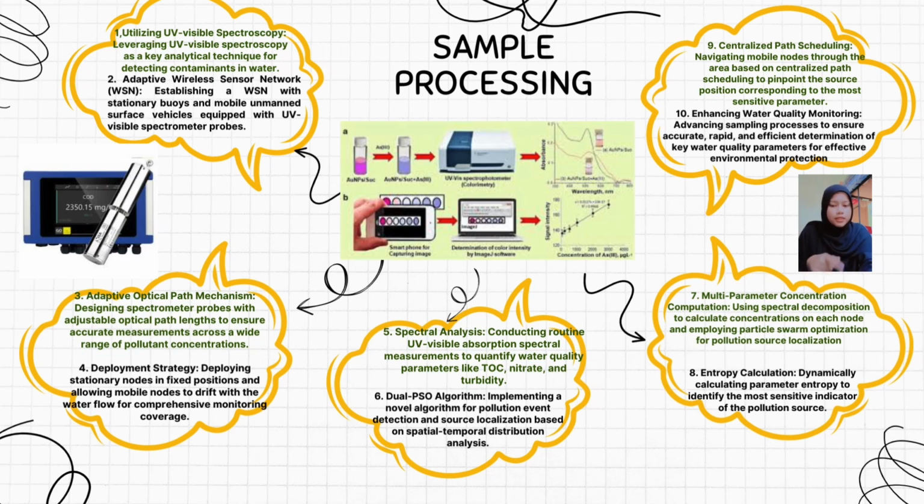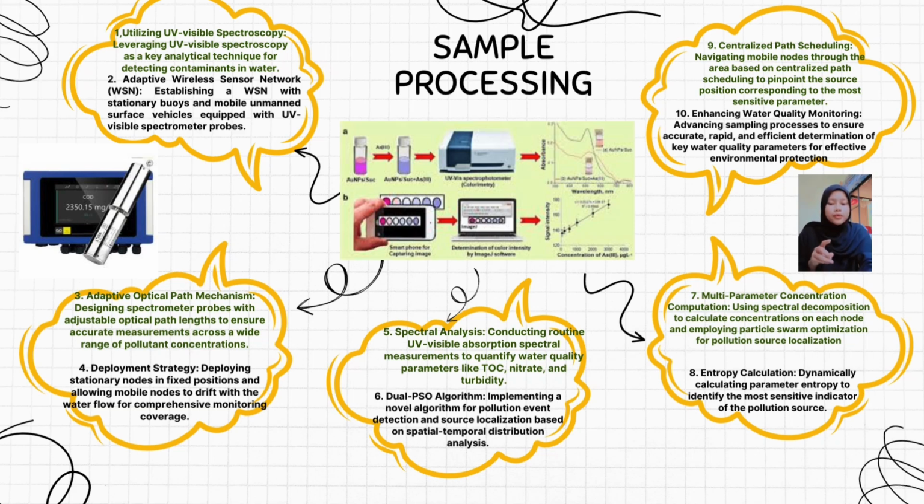During routine operation, each node measures UV visible absorption spectra of water and processes this data locally to quantify multiple water quality parameters. If a pollution event is detected, a dual PSO algorithm is triggered. This algorithm has two functions.